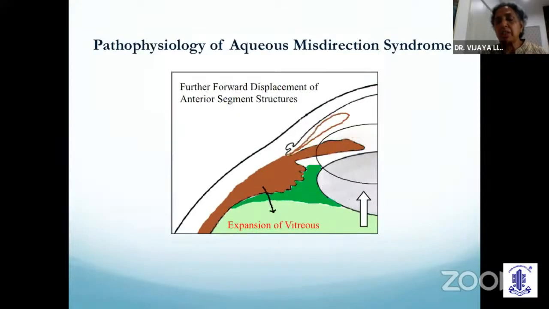This will result in shift of the lens iris diaphragm anteriorly and causes a flat anterior chamber, and whatever aqueous is being produced tends to go posteriorly, not a drop will go to the anterior part. So it becomes a very difficult condition to manage.